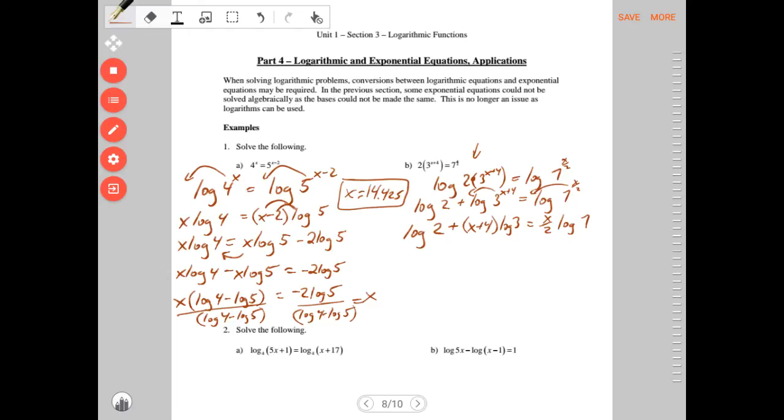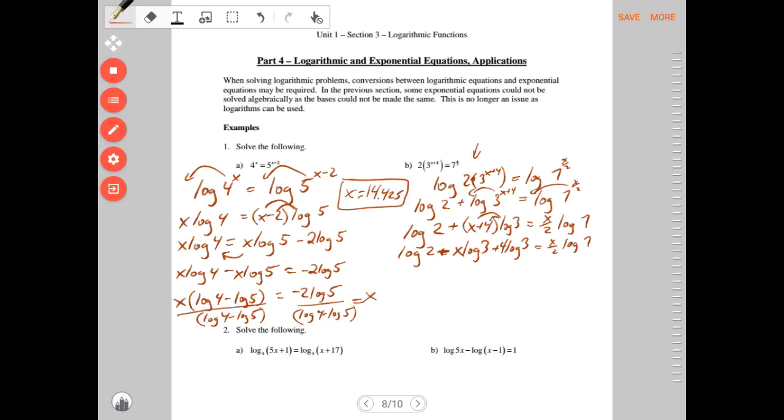Again, we're going to distribute the log 3 into the x and into the 4. So log 2 plus x log 3 plus 4 log 3 equals x over 2 log 7.